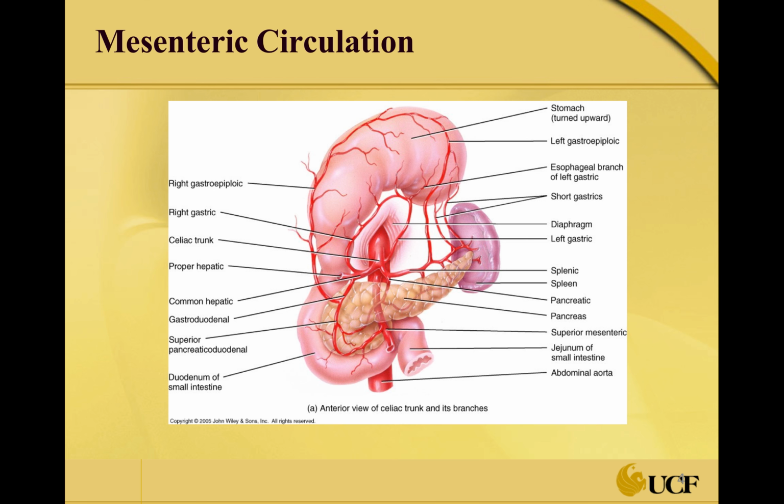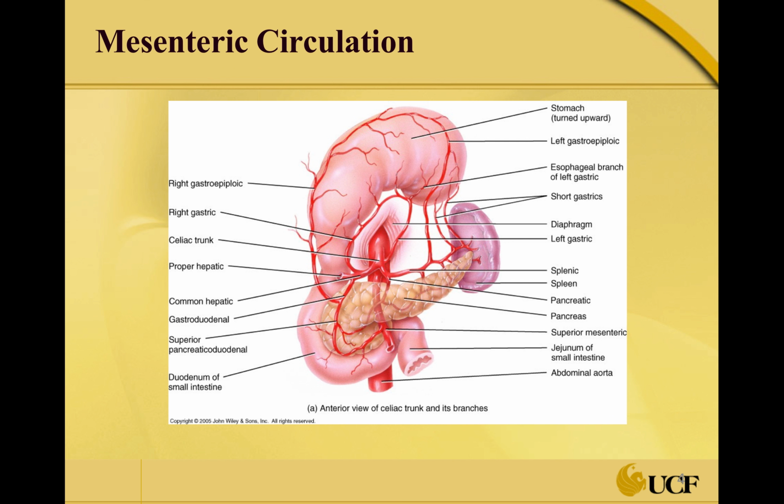In this slide, we see a very good representation of the anterior view of the celiac trunk and its branches. And as we can see, all the arteries that are irrigating those particular organs. We have the right gastroepiploic artery, the right gastric artery, the proper hepatic artery, the common hepatic artery, the gastroduodenal artery, the superior pancreaticoduodenal artery.